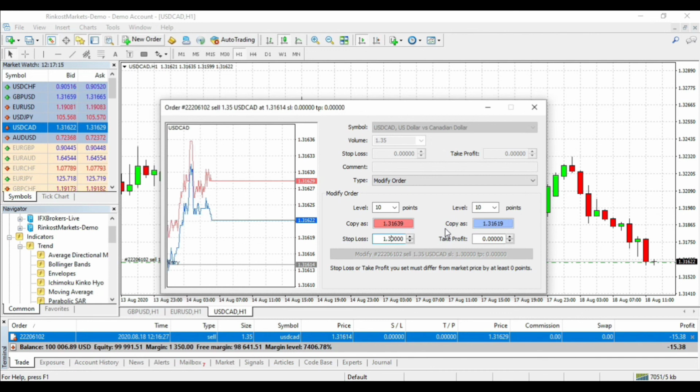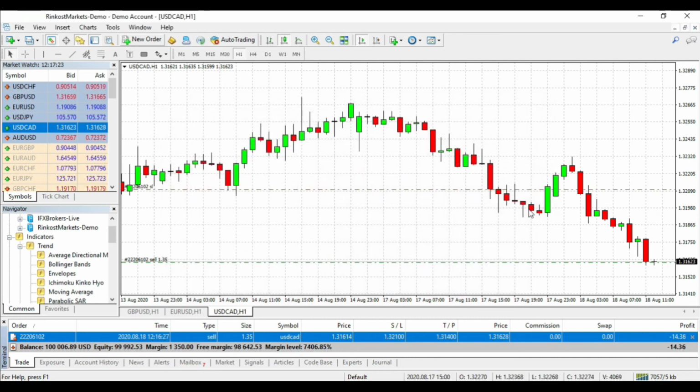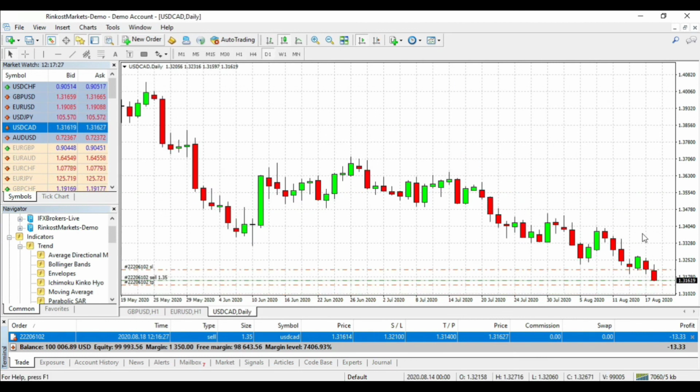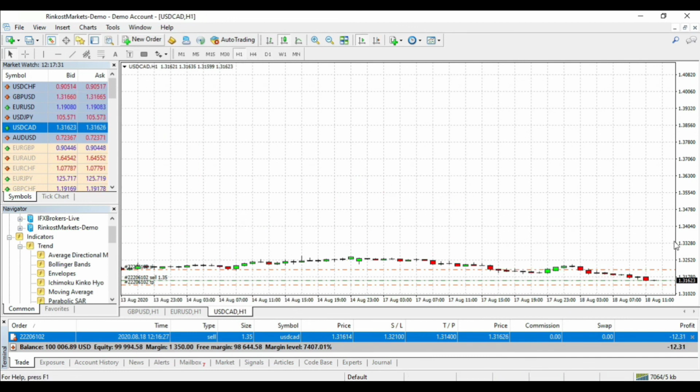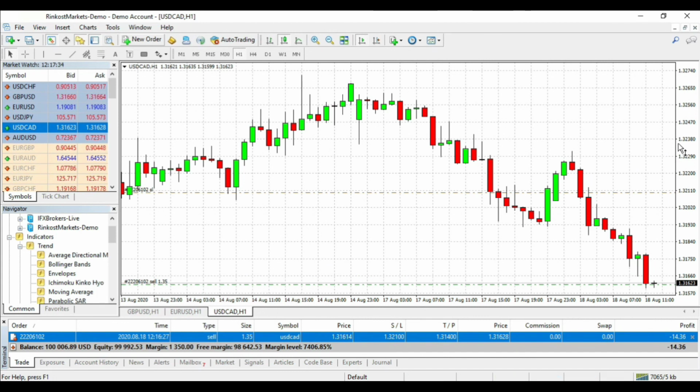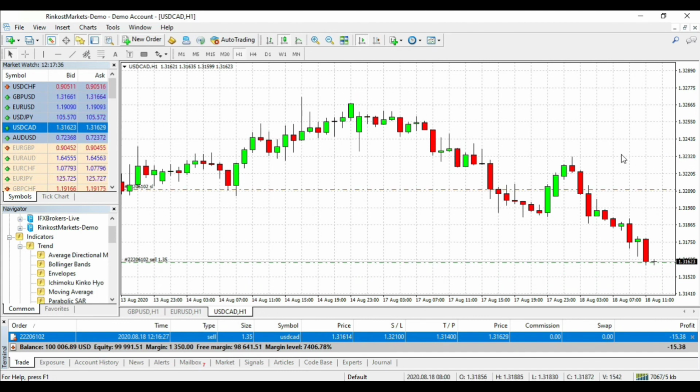Let me just enter a quick example for you guys, and you can select the modify tool, and there you have your stop loss and your take profit levels. But we'll dive into more detail later on in this course on exactly how these levels work and how to draw them.